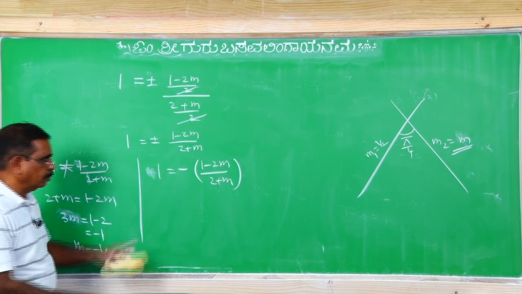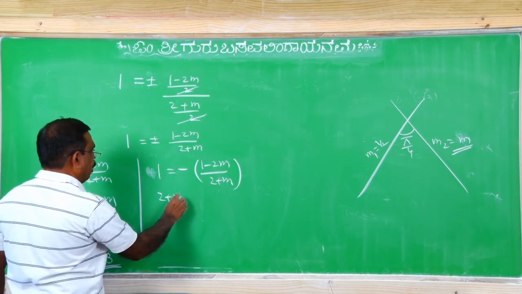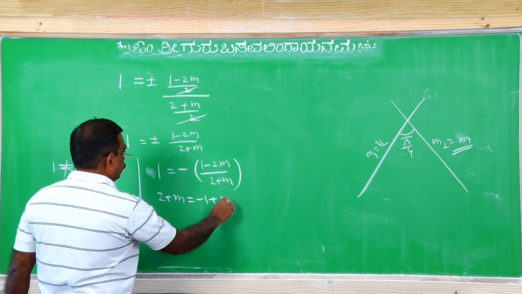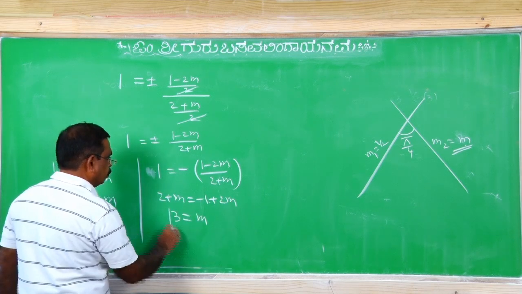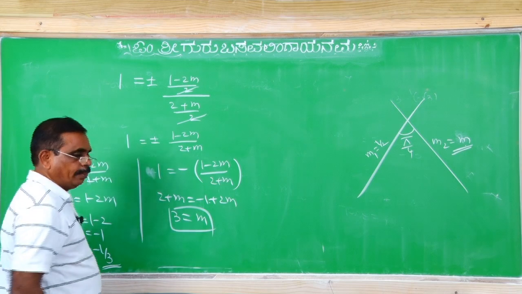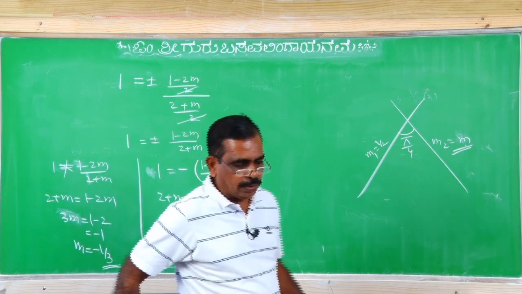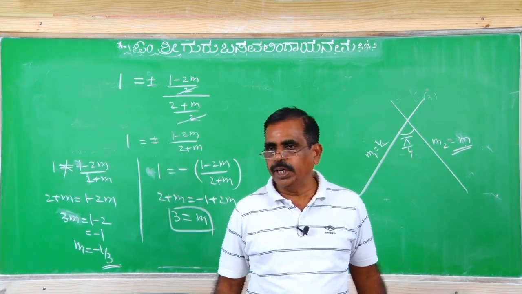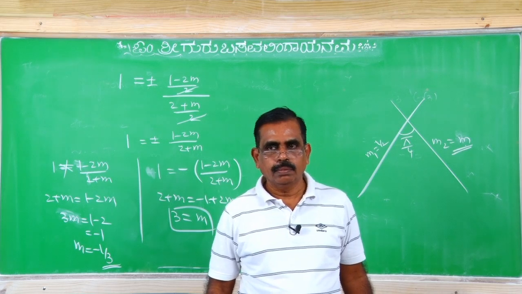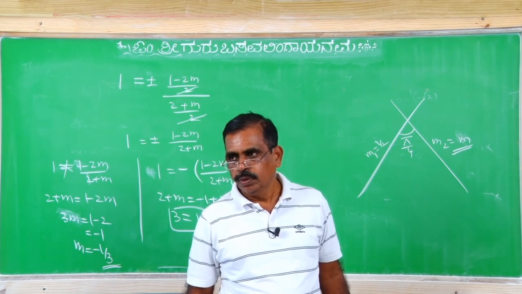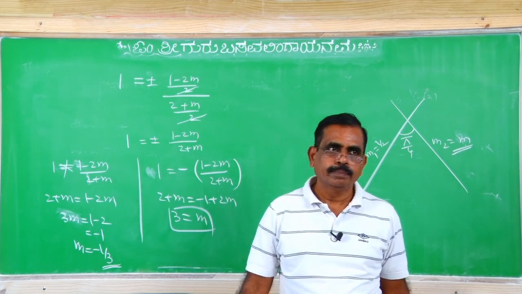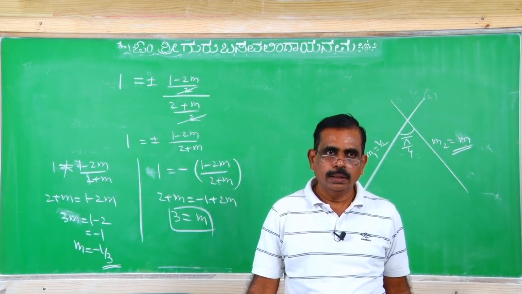Next, 2 plus m is equal to minus 1 plus 2m, so 3 is equal to m. M is equal to 3 or m is equal to minus 1 by 3. That's all. We'll continue in the next class. Is it clear, or any problem?